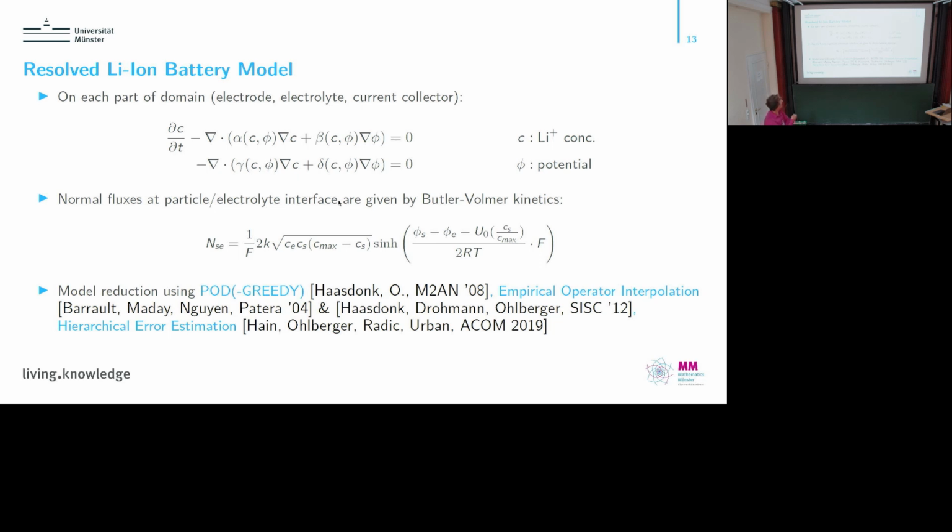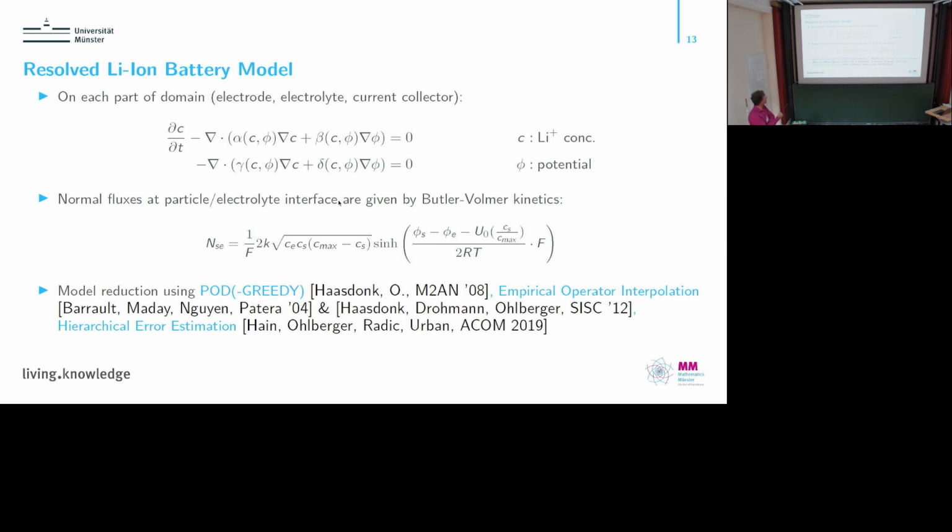And at the interface between the electrolyte and the solid electrodes, the electrochemical reaction takes place, and this is modeled by the Butler-Volmer kinetics, and you see that exponential nonlinearities enter into this boundary reaction term, such that this is a highly nonlinear PDE model, and you need to have all these ingredients.